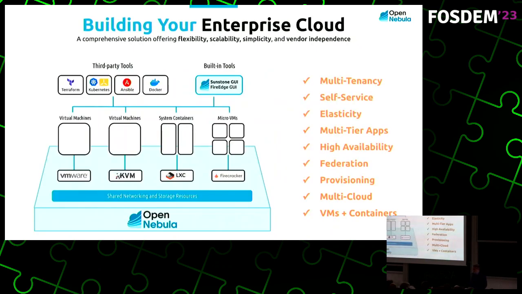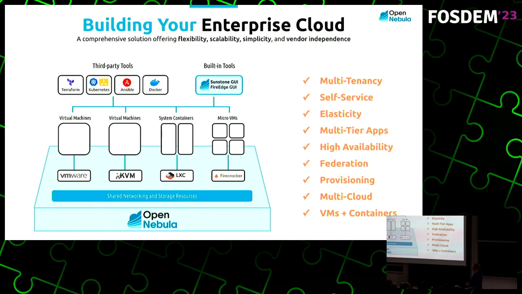So at the core of OpenNebula, we use different virtualization technologies. We support VMware and KVM for virtual machine workloads, LXC for system containers, and Firecracker, where you can manage micro VMs and deploy container-based applications. And we manage these technologies by using advanced features.